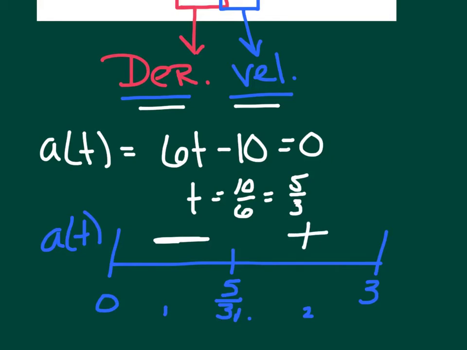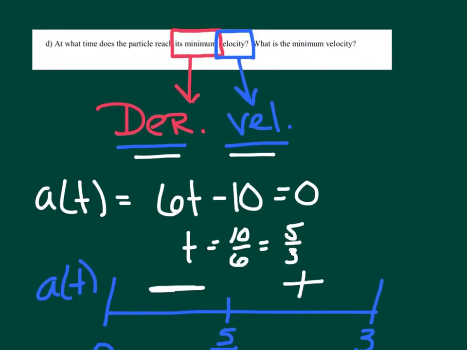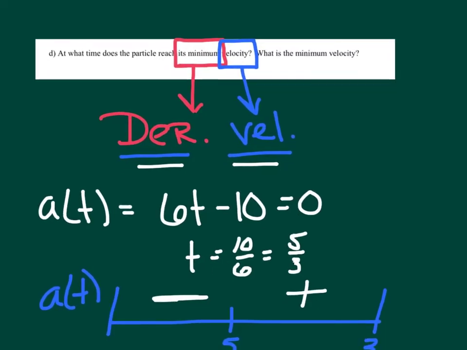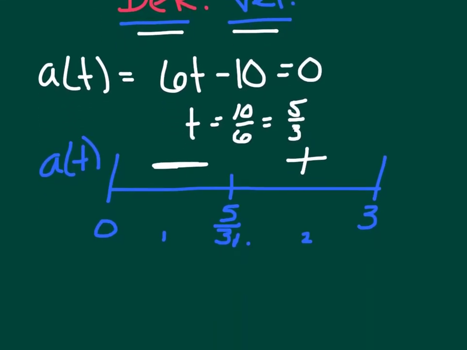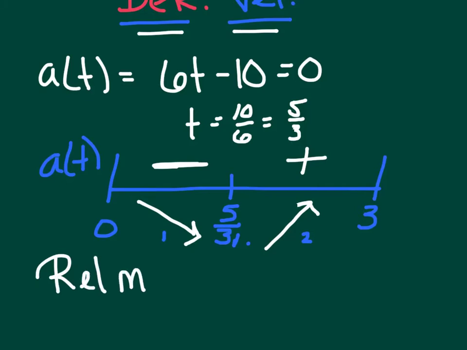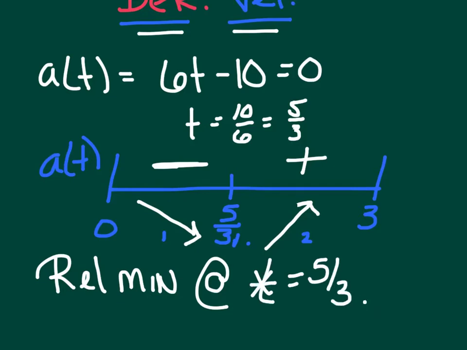So what does that tell me? Well, let's read that question again. At what time does the particle reach a min? Well, if this is negative, I went from decreasing to increasing. So I would say I have a relative min at t equals 5/3.